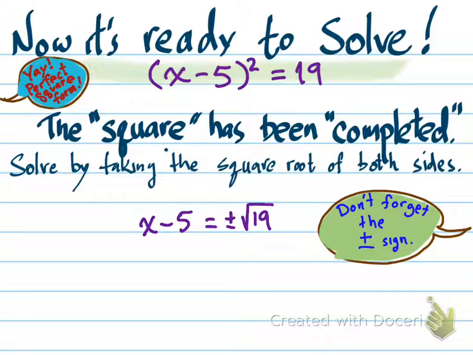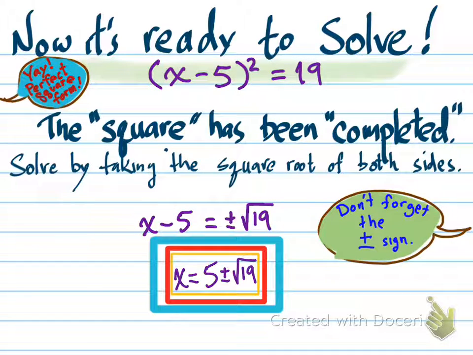So x minus 5 equals positive square root of 19, and x minus 5 equals negative square root of 19. It's really almost like 2 equations now, but we're writing it as one equation with that plus minus sign. And that's pretty simple to solve. All you do is add 5 to both sides, and there's your solution: 5 plus or minus the square root of 19. So those are the solutions.